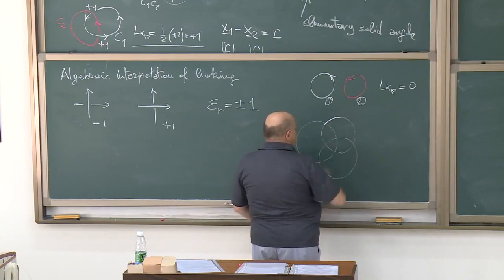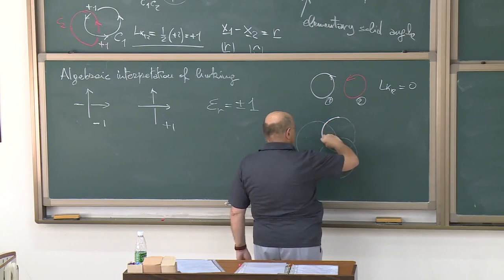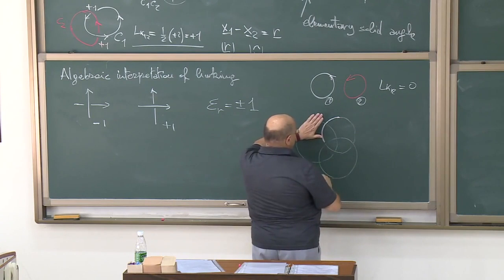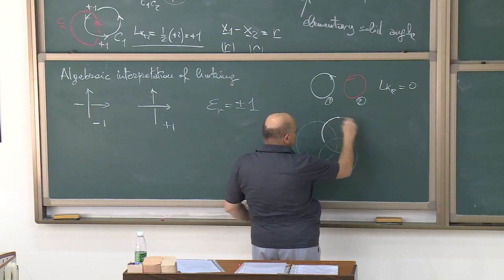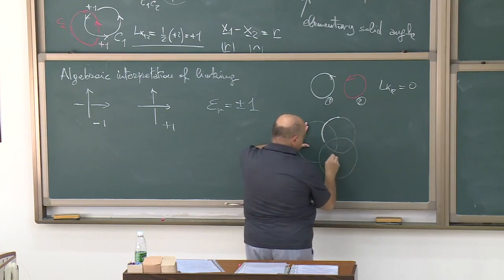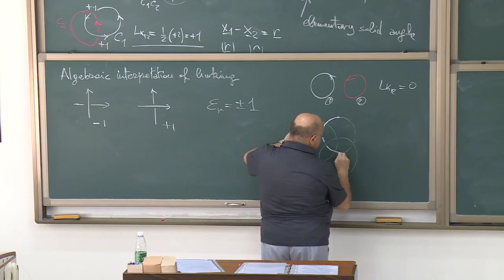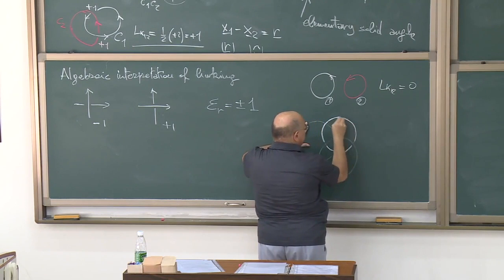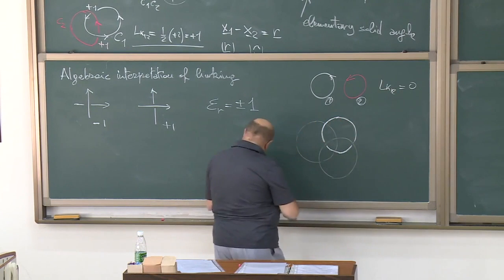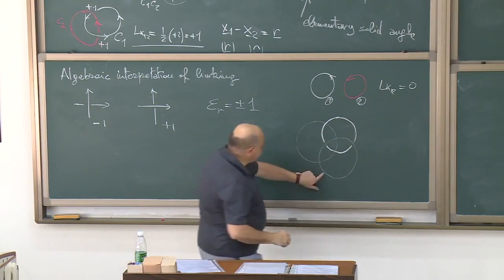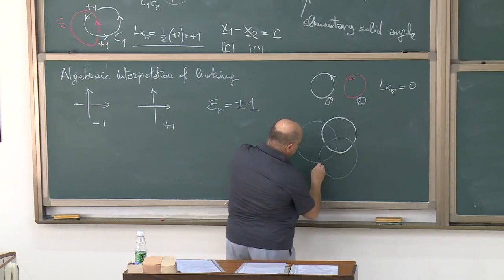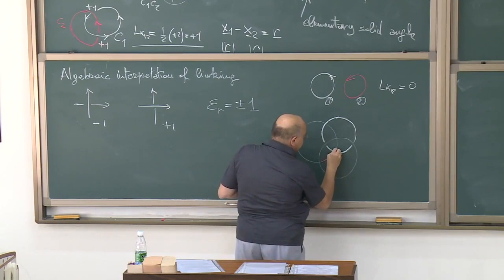You decide to start from any you like here, and you start to draw this first circle above this one. So it goes above this here, and under the rest. And then you do the same with the second one, above this one. So above this one, you should do like this.